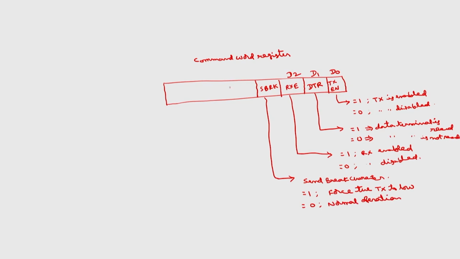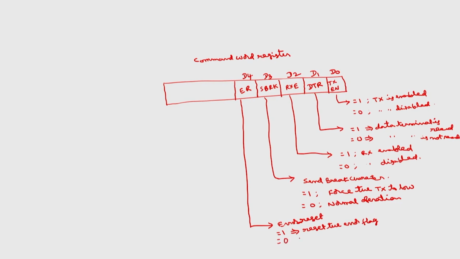Then the next bit is the error signal ER. This is D3, D4, error reset. This equal to 1 means it will reset the error flag. So a received character can have an error also.